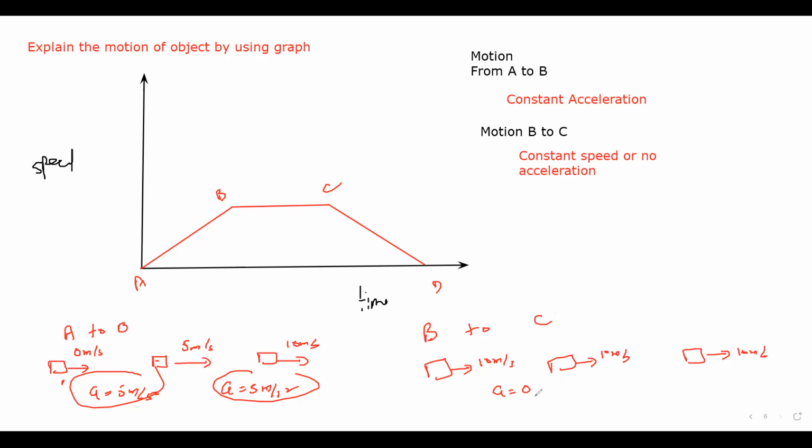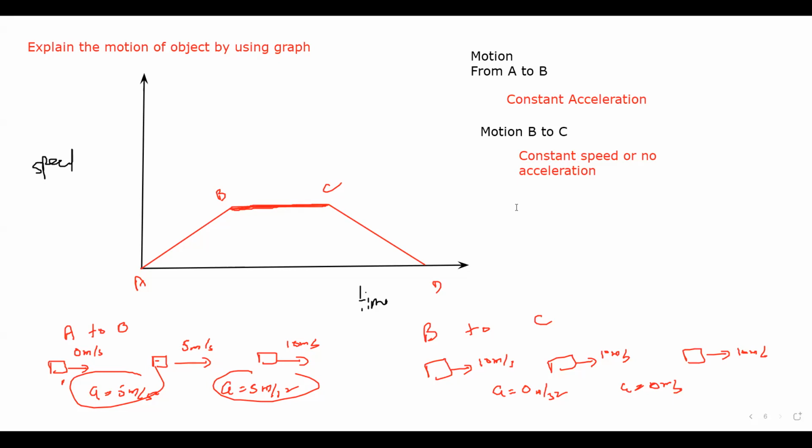What is the change in speed? That is 0. So when there is no change in the speed, we call acceleration 0, or we can also say this object is moving with a constant speed. So whenever there is a horizontal line in a speed time graph, it means that the object is moving with a constant speed.